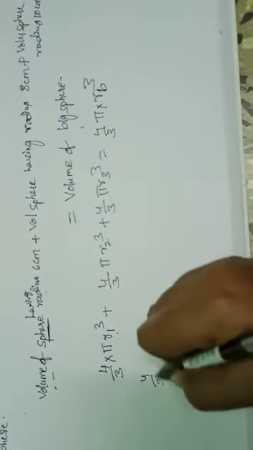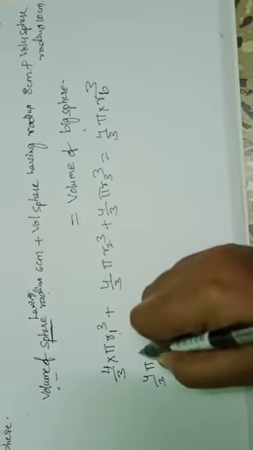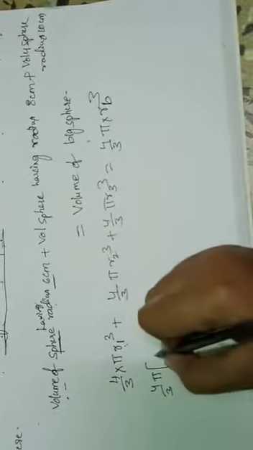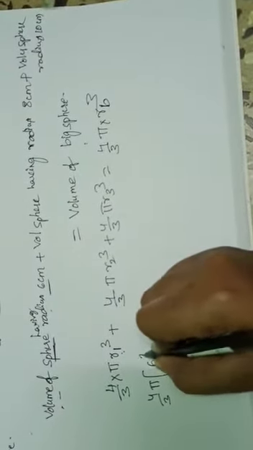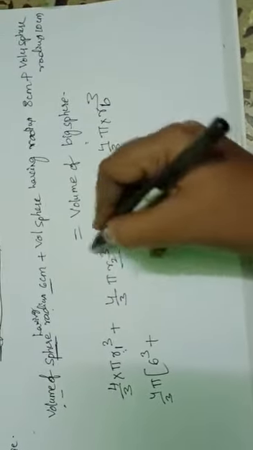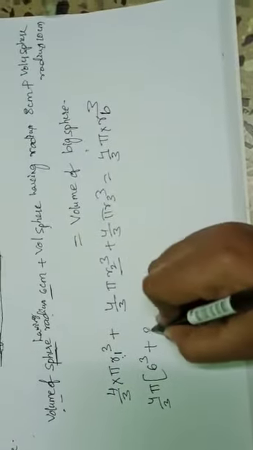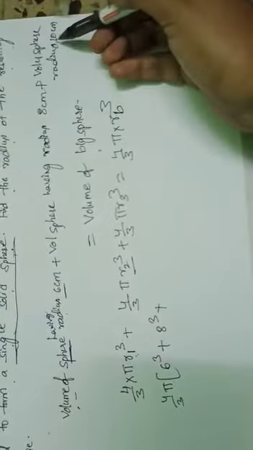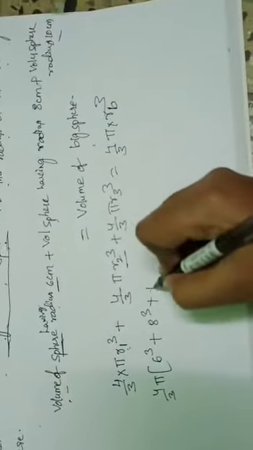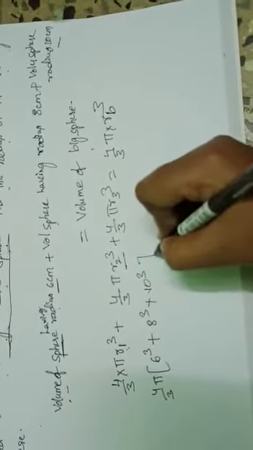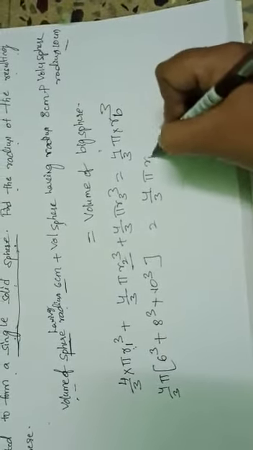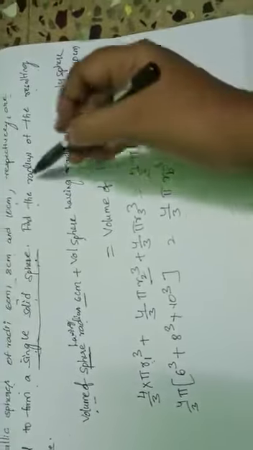Here 4 by 3 into pi is common. First sphere radius is 6 centimeters, 6 cube. Second sphere radius 8 centimeters, 8 cube. Third sphere radius is 10 centimeters, 10 cube, equals 4 by 3 pi into RB cube. Here we have to find the radius of the resulting sphere.